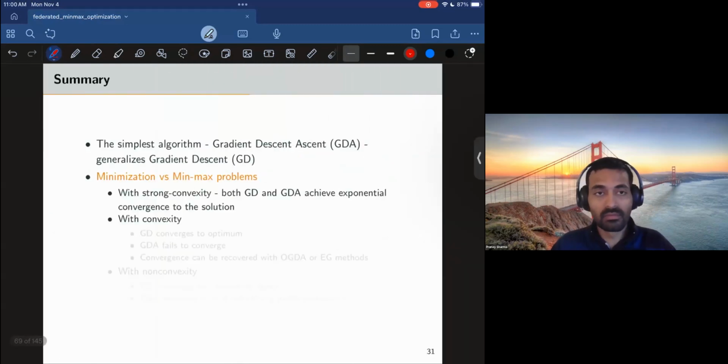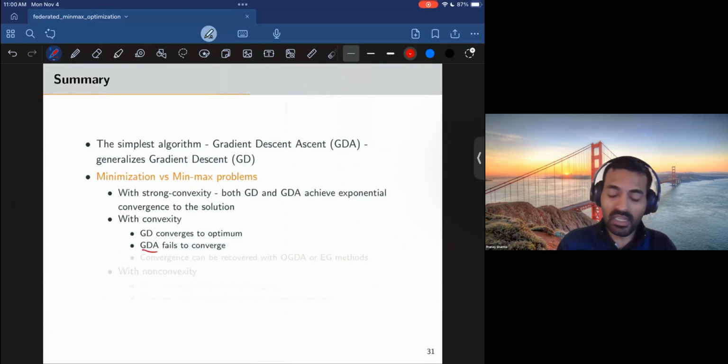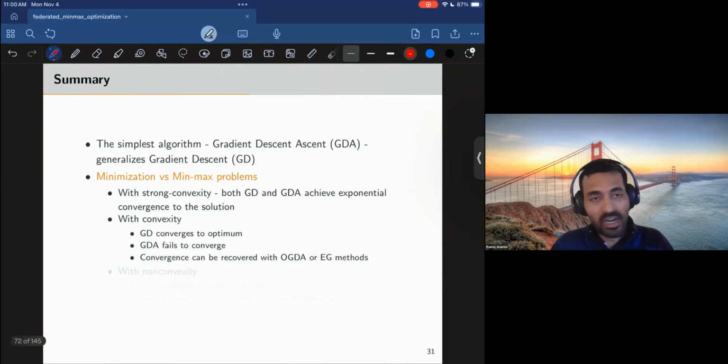If you go to a slightly more general class of problems where you have convexity only, here, for minimization problems, gradient descent converges to optimum, but for min-max problems, GDA doesn't converge. So for convex concave problems, GDA doesn't converge. But we also saw that you can come up with slight modifications of GDA, such as these two algorithms, which give you convergence.